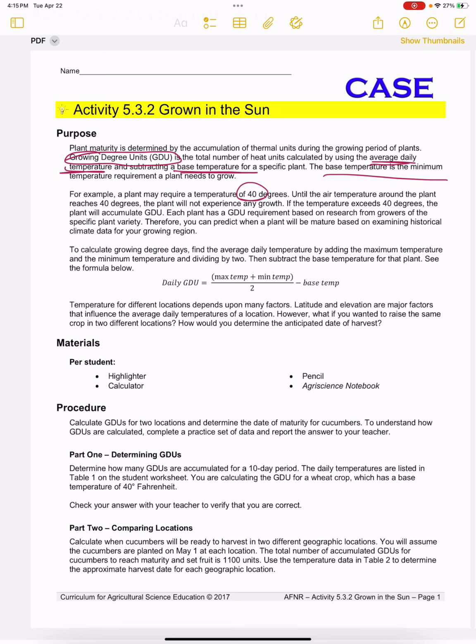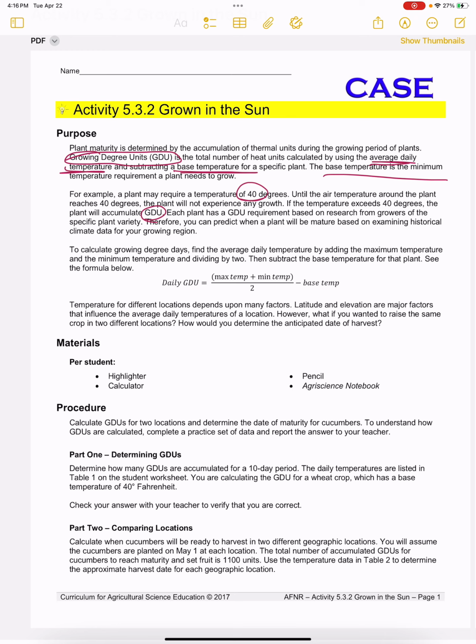If the temperature goes over 40 degrees, the plant is going to accumulate what we call GDUs, or growing degree units.